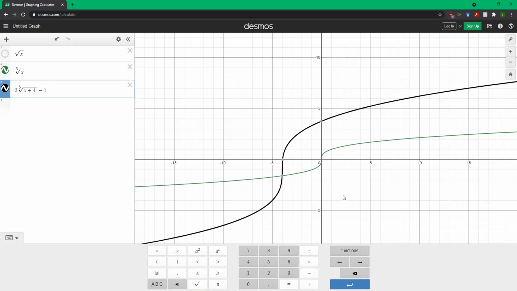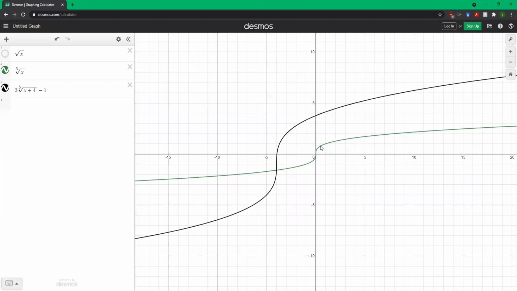Now notice what happened. I stretched it out by 3, so it became a lot bigger. And then I moved this green one. Think about taking this right here and moving it to the left 4, and then moving it down by 1 right here. So this new center ended up right here.